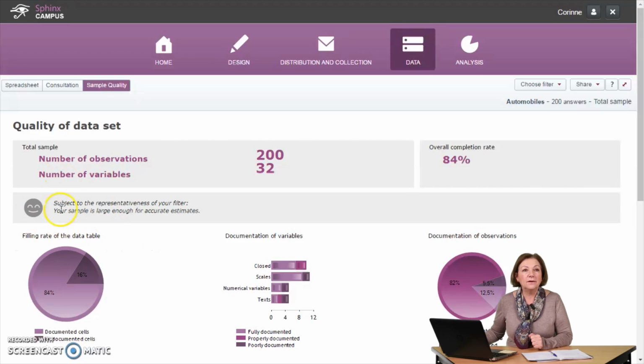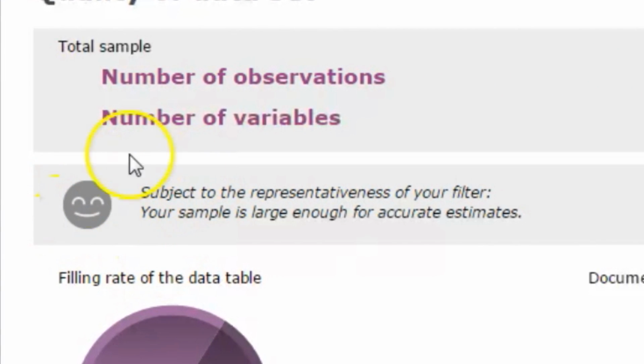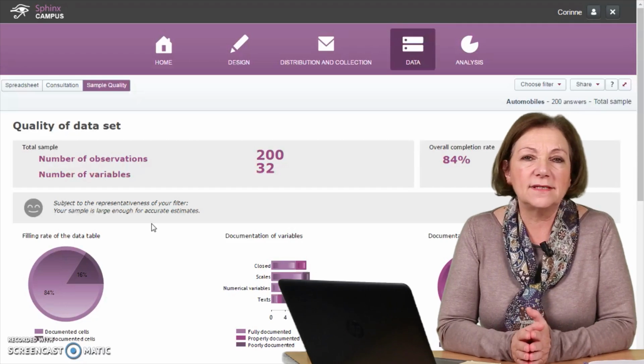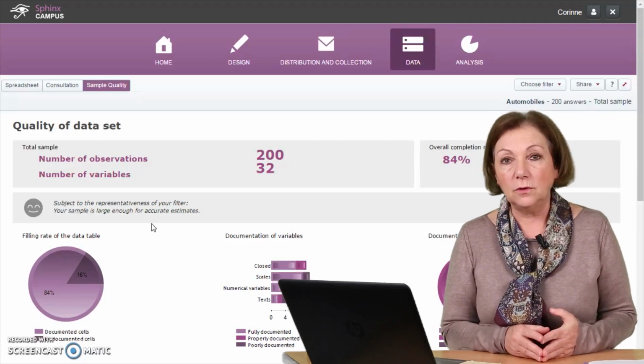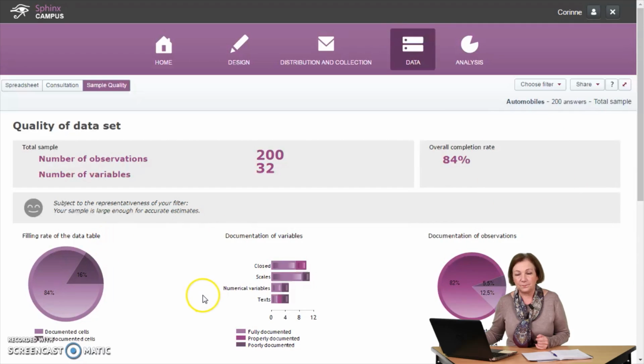Now we have here a pretty little smiley face that is given by the software, by Sphinx Campus, and it gives us a little diagnostic saying, subject to the representativity of your filter, your sample is large enough for accurate estimates. Indeed, when we have a sample of 200 people, we can already do some interesting analysis.